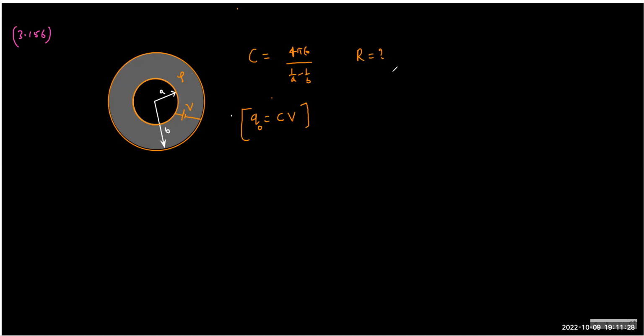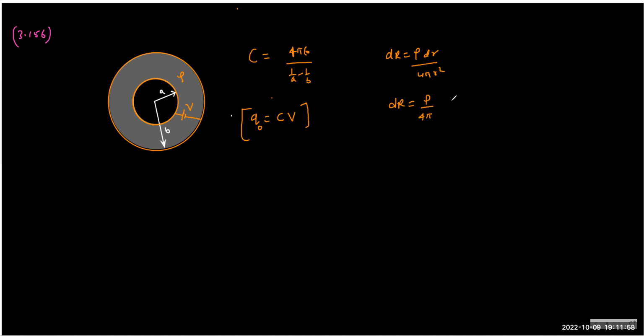You can find the similar fraction. How to find the resistance of a spherical medium? So we have dR equals rho dl by A. So rho by 4 pi, no?